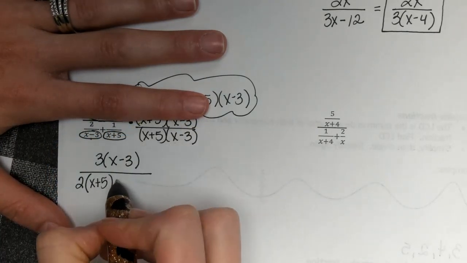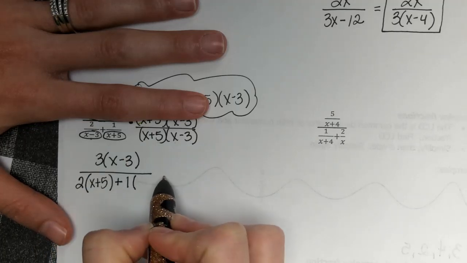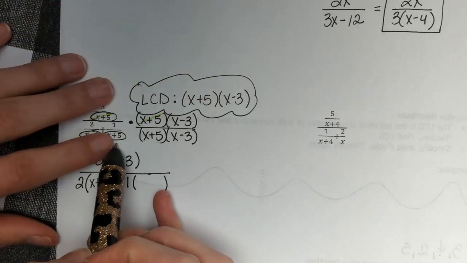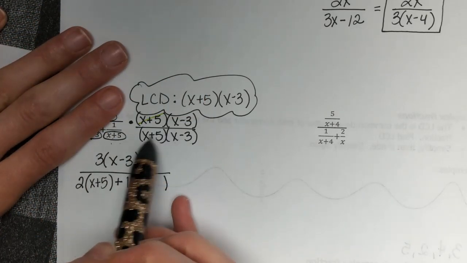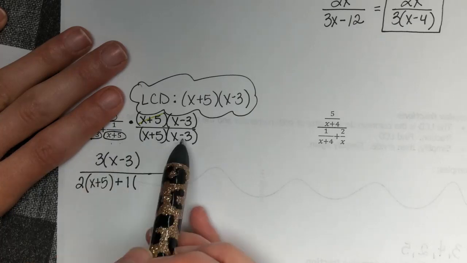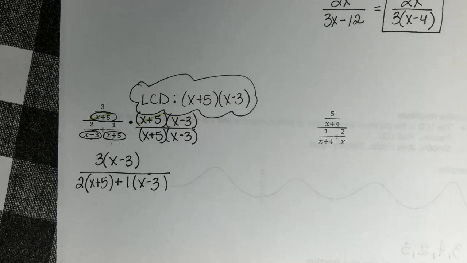Okay. Plus, and now I'm going to have this 1. I need to know what am I multiplying that 1 by. So if I'm doing this 1, the x plus 5 and x plus 5 should cancel, yes? So I'm multiplying the 1 by x minus 3. You're just multiplying by what it's missing. Okay? If you keep thinking, what am I missing?